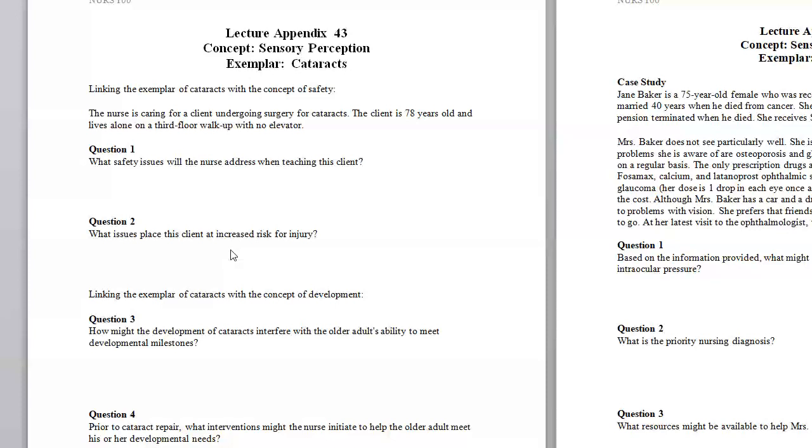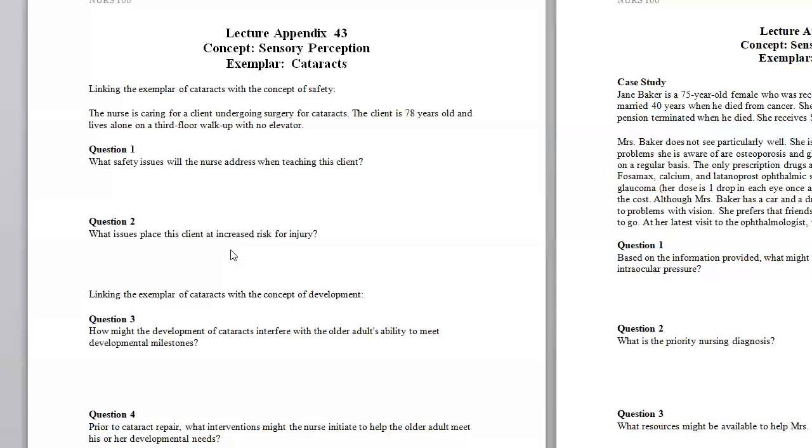We know she obviously now has alteration in sight with cataracts, and is there any other sensory alterations besides the sight that could definitely interfere with her developmental milestones? But we do know from all that we've talked about, even from Nursing 100, that as one begins to age, there are normal aging processes that occur within all the systems. So those are things that we want to think about.